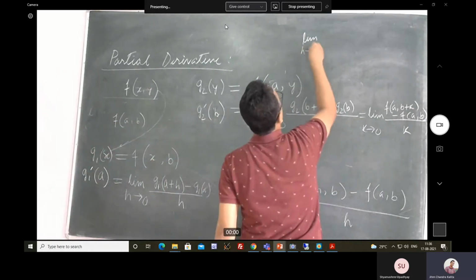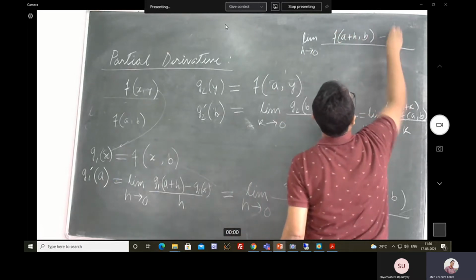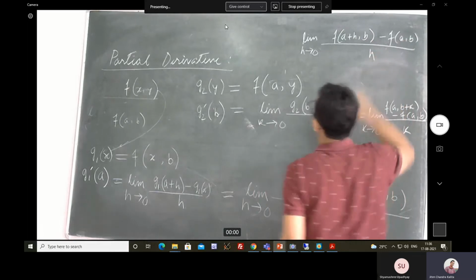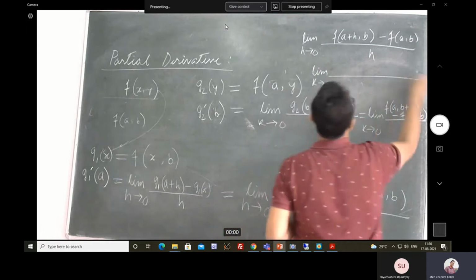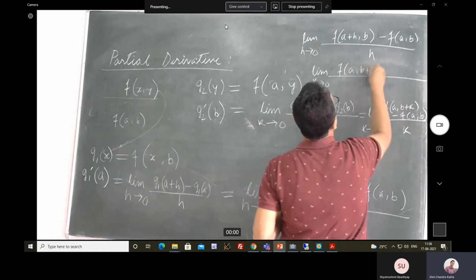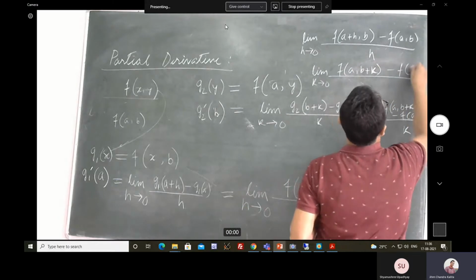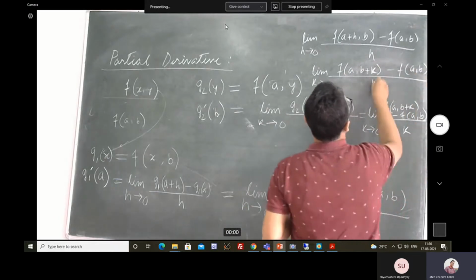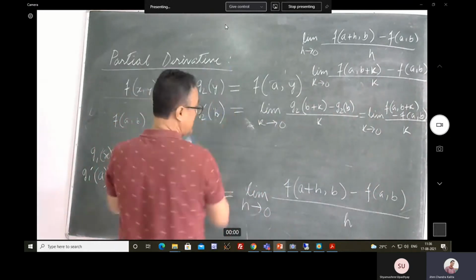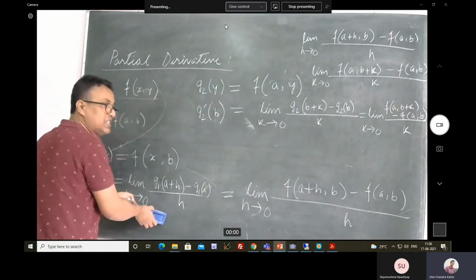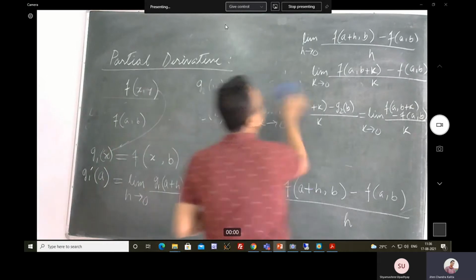In fact, limit h tends to 0 of (f(a + h, b) - f(a, b)) divided by h, and then another limit, k tends to 0 of (f(a, b + k) - f(a, b)) divided by k. Okay, fine. So now, probably at least you have understood these in terms of ordinary derivatives, right? So let me simply erase this.